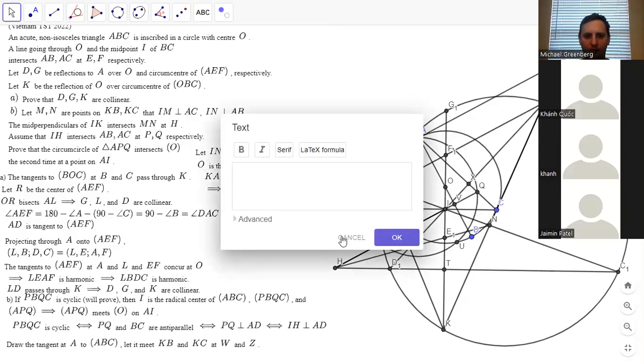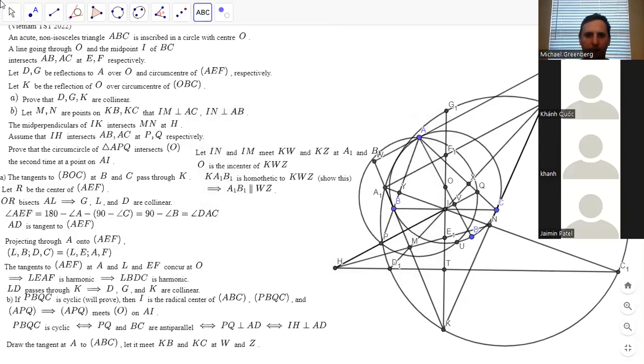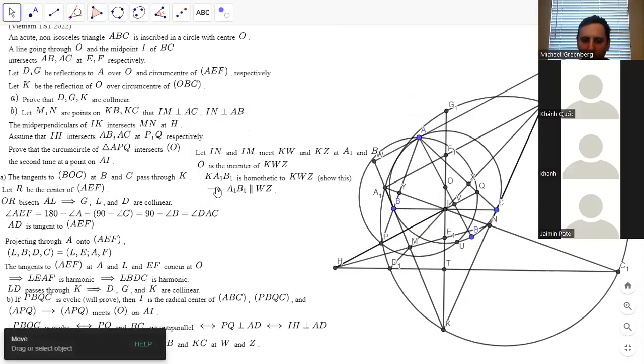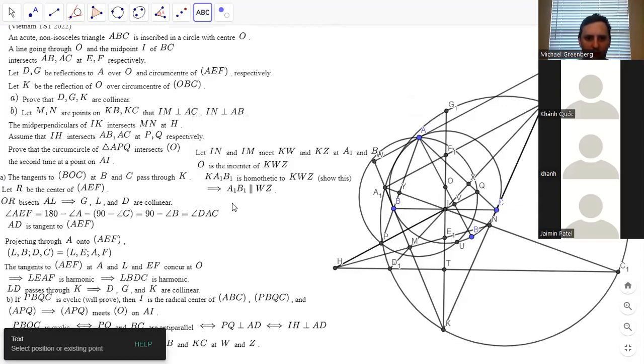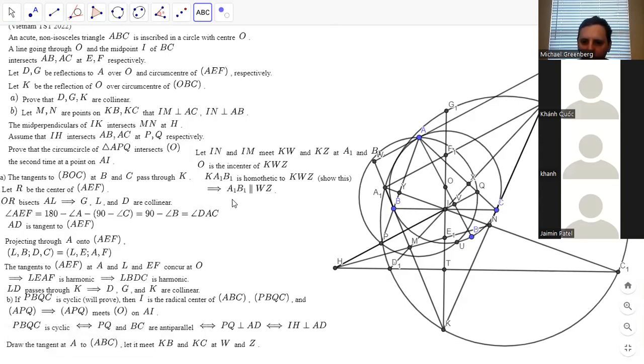So this means that A1B1 is perpendicular to AD. Yeah, I'm not even going to write that now. I'm just going to try to do this as fast as possible. So we drew the circle KA1B1.